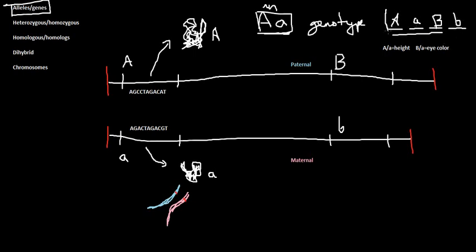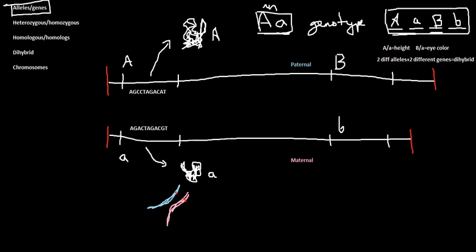So if we have two different genes, and we have a different allele in each space, this is a dihybrid. Basically the equation for a dihybrid cross is that you need two different alleles plus two different genes, and that will make a dihybrid cross.